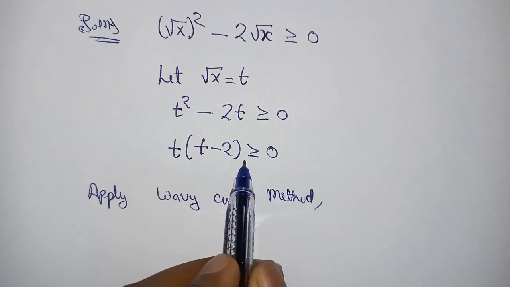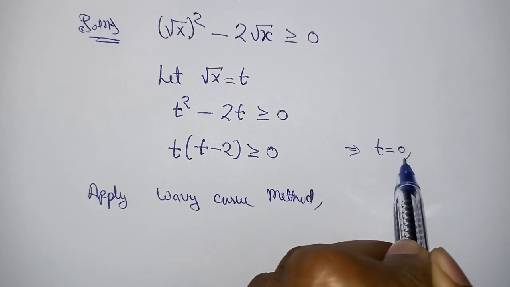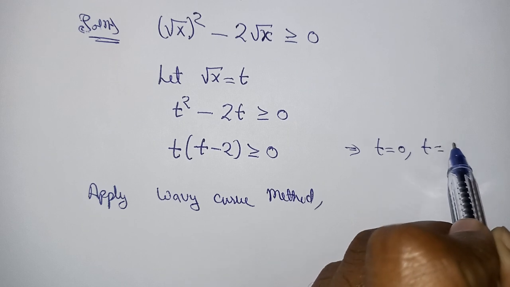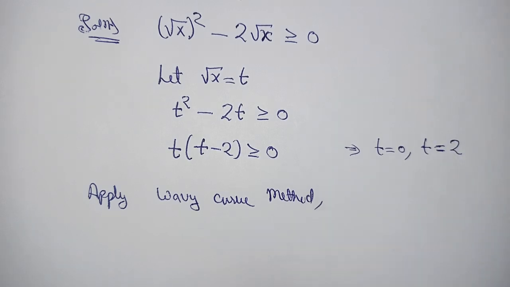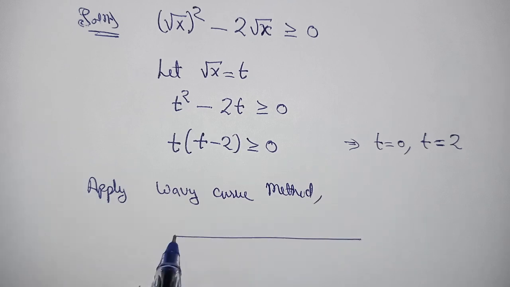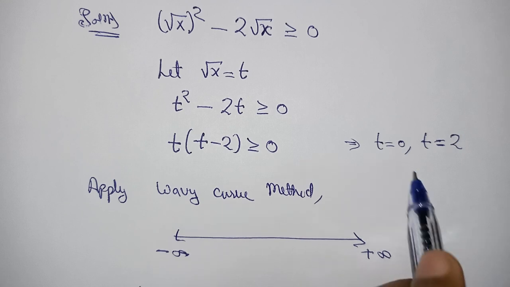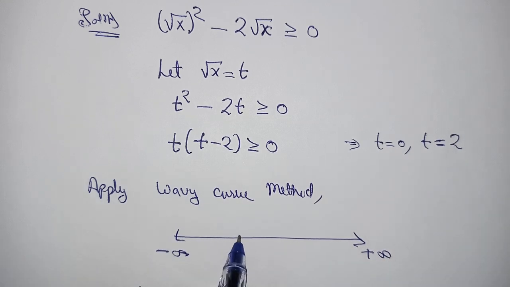When we equate it to 0, this implies t equals 0 and t equals 2 are the critical points. So we can represent them on a number line, from minus infinity to plus infinity. Critical points are 0 and 2. Suppose this is 0 and this is 2.